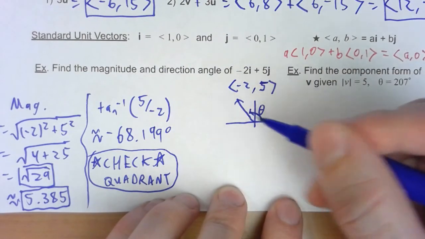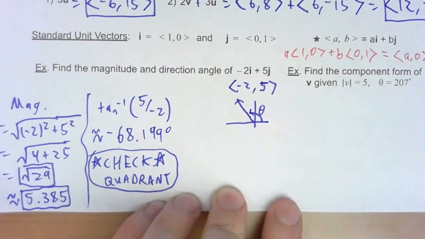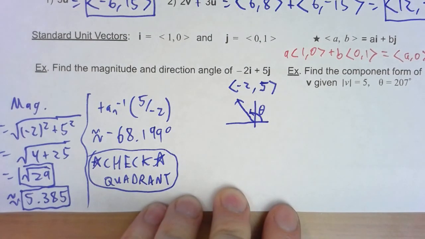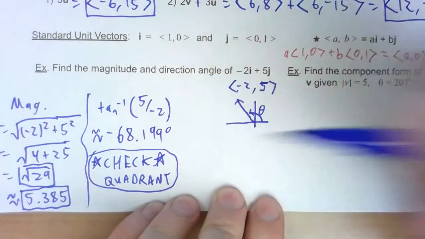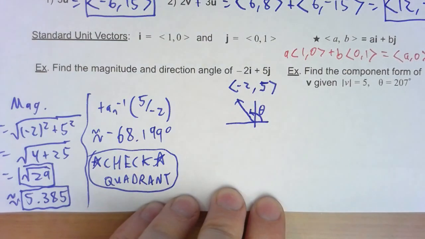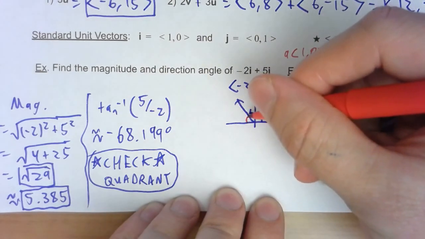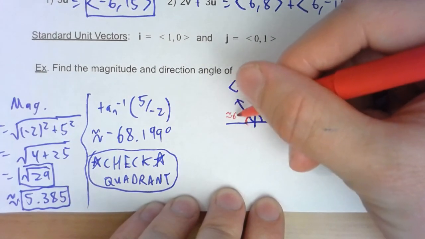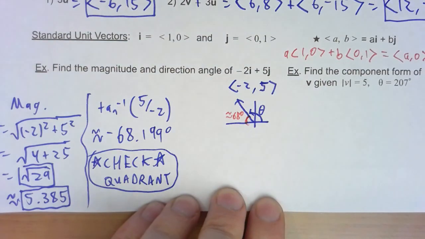I mean, we could find a negative angle if we wanted, but either way, it's not going to be -68 degrees. All right? So the 68 degrees is actually our reference angle. We know that this angle right in here is about 68 degrees.